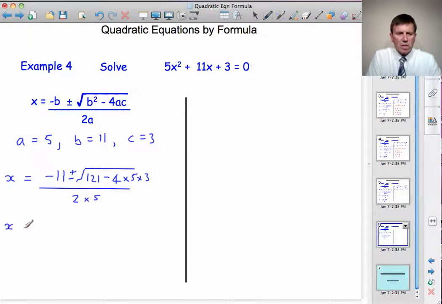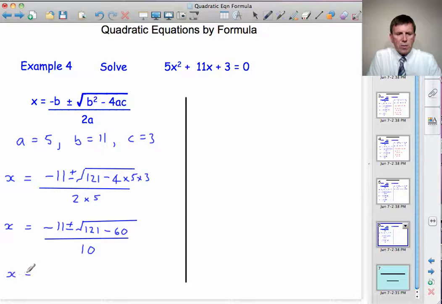Moving on to simplify this, x equals minus 11 plus or minus the square root of 121 minus 4 times 5 times 3. 4 times 5 is 20, times 3 is 60. Notice this time this term is negative because we didn't have a double negative being multiplied together in this second term. And the bottom is 2 times 5, which is 10.